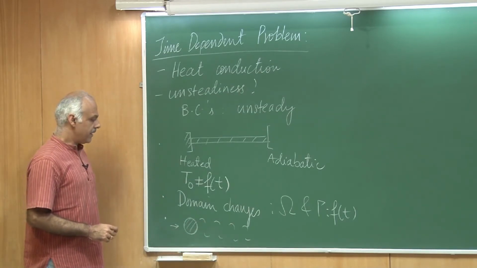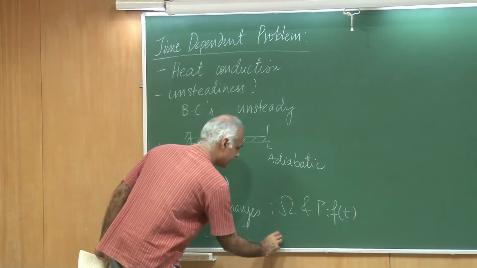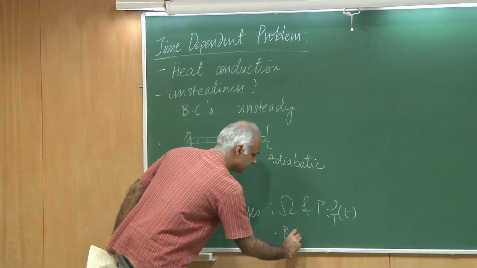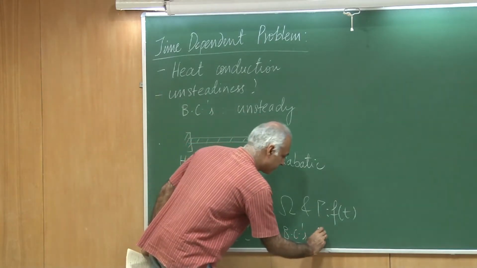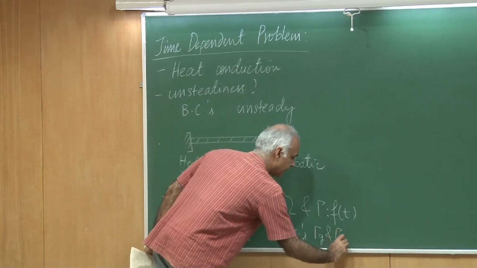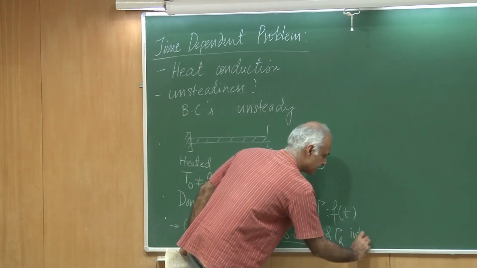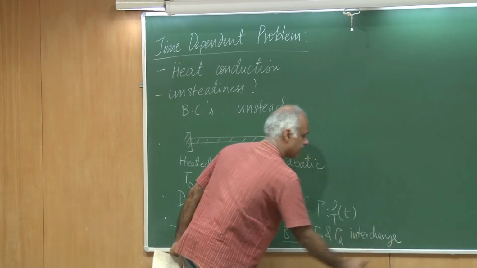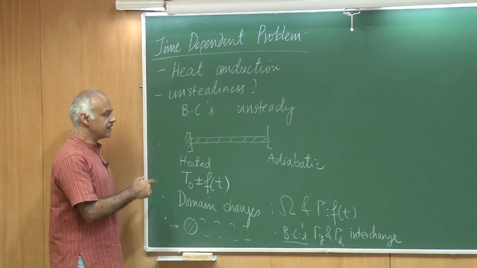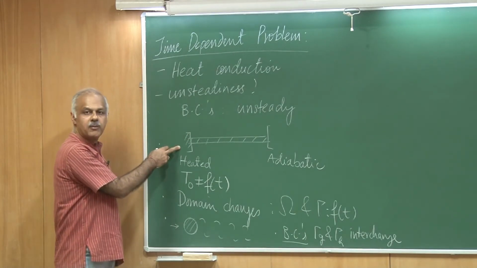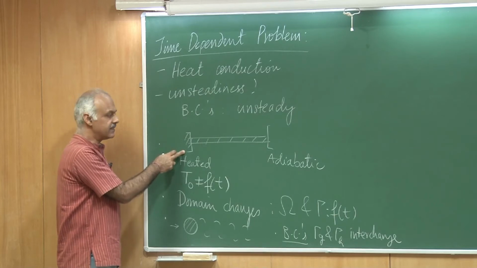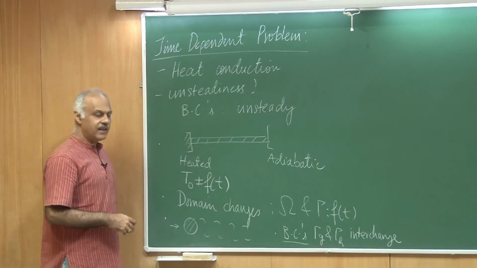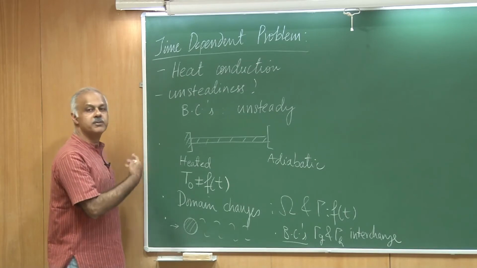I could also have a situation where the boundary conditions are unsteady, but in a manner that they are flipping between gamma g and gamma h, an interchange. So what could happen is, perhaps I can look at this problem again, where there was a uniform, one dimensional bar that was being heated, and this was adiabatic, and then after some time I swapped the two.